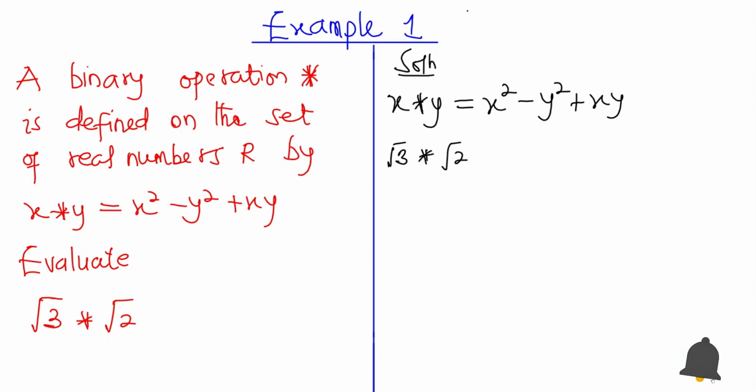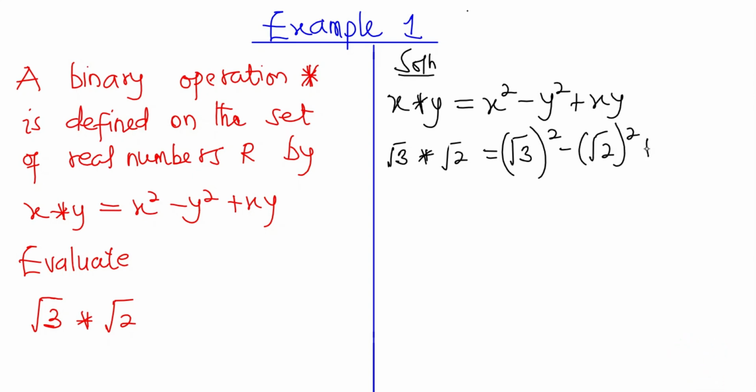It means that wherever we see x in the rule, we are going to substitute square root of 3, and wherever we see y, we are going to substitute square root of 2. So we are going to do that quick substitution. For x squared, we are going to have square root of 3 squared, and for y squared we are going to have square root of 2 squared.